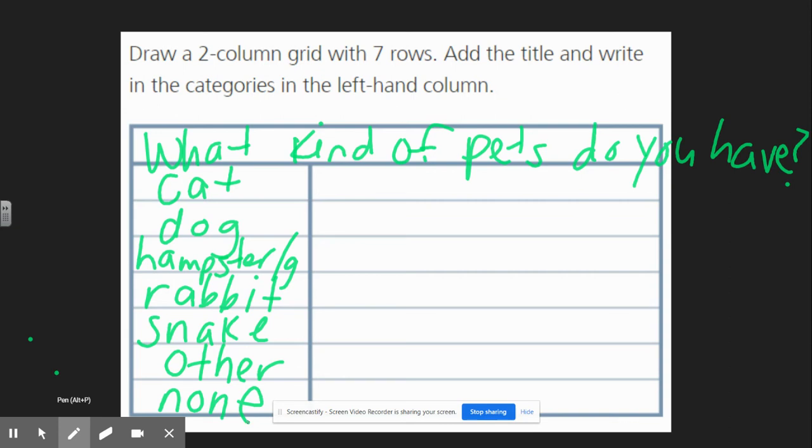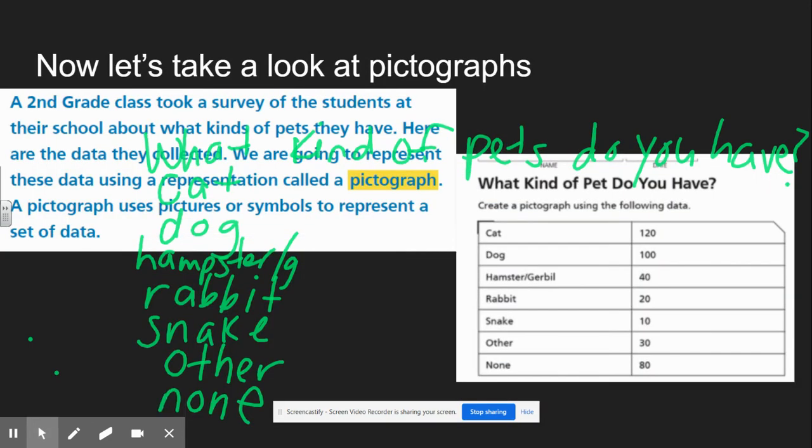Now that I have these categories listed with the title, I can go ahead and start putting in data. So let's take a look at our numbers. So for a cat, we have 120, dog 100, hamster, gerbil 40, rabbit 20, snake 10, other 30, and none 80.